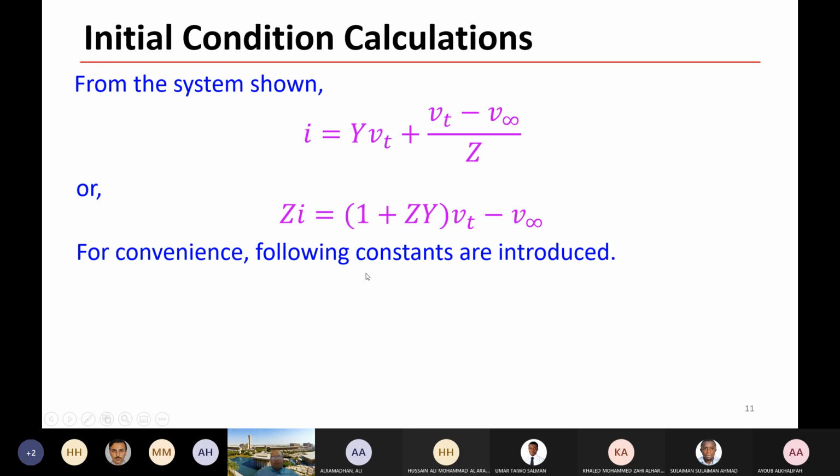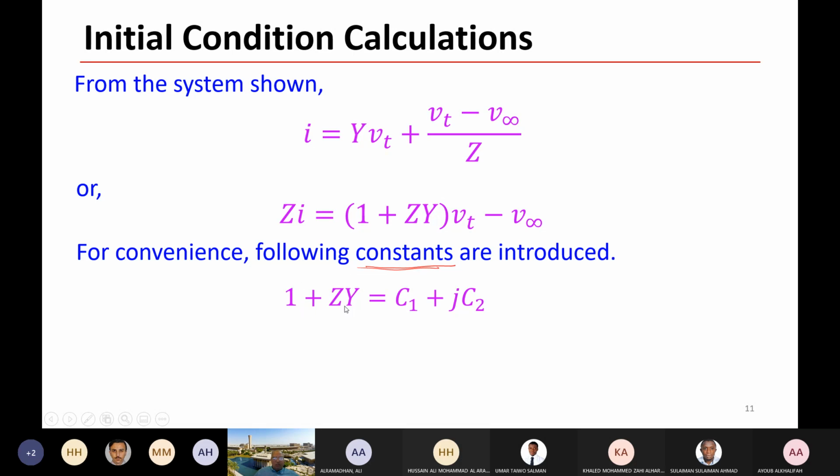Now what we need is to simplify the analysis later. So we will develop some constants based on this equation in order to simplify the analysis later on.